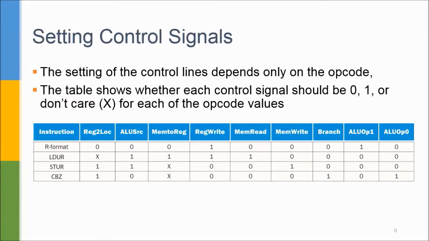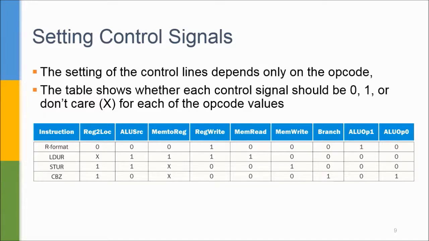Finally, REG to LOC and REG write are set for a load to cause the result to be stored in the RD register. The ALU OP field for branch is set for a pass input B, which means ALU control is equal to 0, 1, which is used to test for 0.